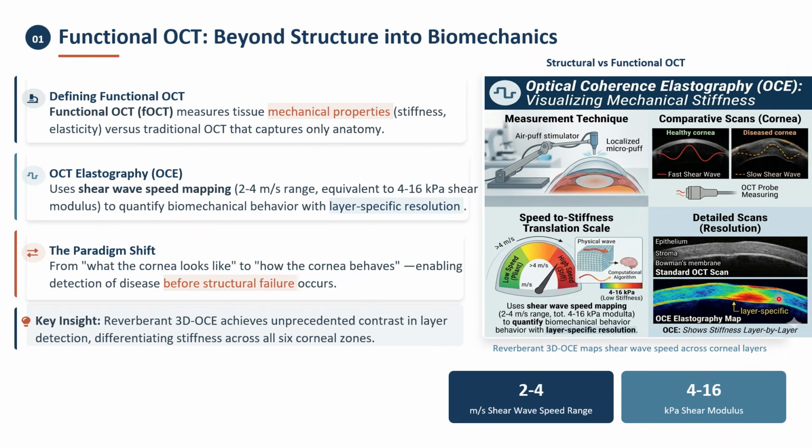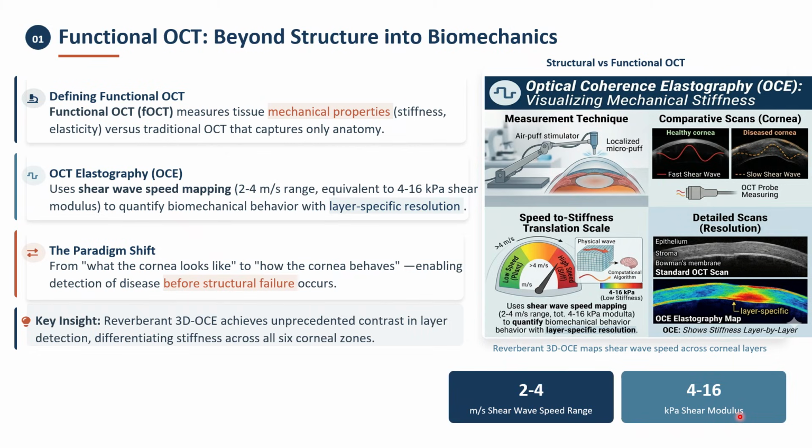And the interesting thing is that we can determine the property of each layer of the cornea. So we can determine the stiffness of the epithelium as well as the stiffness of the Bowman's membrane, stroma, Descemet's membrane, and endothelium. The speed we measure is between 2 to 4 meters per second. Then by mathematical calculation, this speed is converted into a shear modulus.